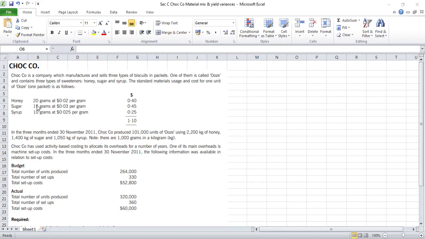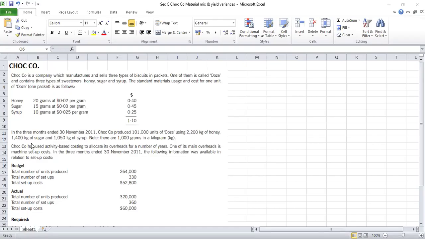20 grams is the standard usage per unit, 15 grams, 10 grams, and the standard price per gram is 0.02, 0.03, and 0.025. In the 3 months ended 30th of November, Choc Company produced 1,000 units of O's using 2200 kgs of honey, 1400 kgs of sugar, and 1050 kgs of syrup.